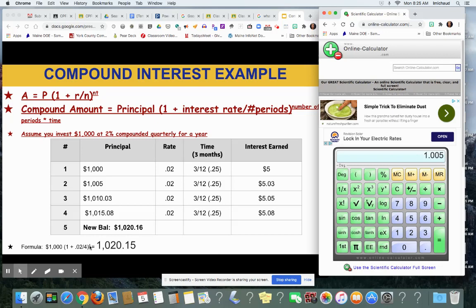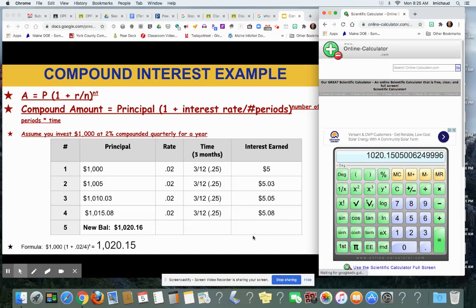The next step is to raise it to the 4th power. So it's y to the x, 4 equals. And the final step is to multiply it by the principal. So multiply by 1,000 equals $1,020.15. So clearly you see that this is a lot faster than doing the long way, even more so if you get into daily compounding where you'll earn more money.